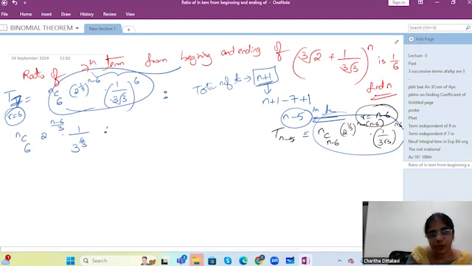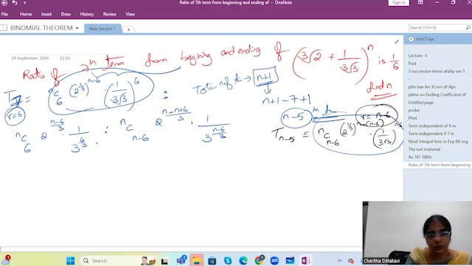Now coming to the seventh term from the ending, that is nC(n-6), 2 to the power (n minus 6) by 3, into 1 by cube root of 3, in the sense 3 to the power (n minus 6) by 3.